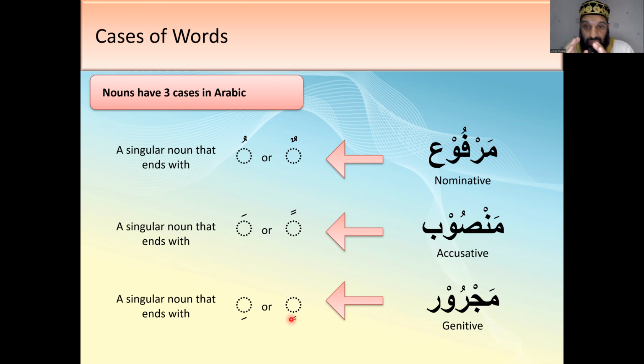So if you want to say two Muslims, you have to add an alif and a noon, ani. That's the template you have to add to a singular word to make it two. So Muslimani means two Muslims, in the marfu case. And then Muslimuna is how you make a singular word into plural in the marfu case.